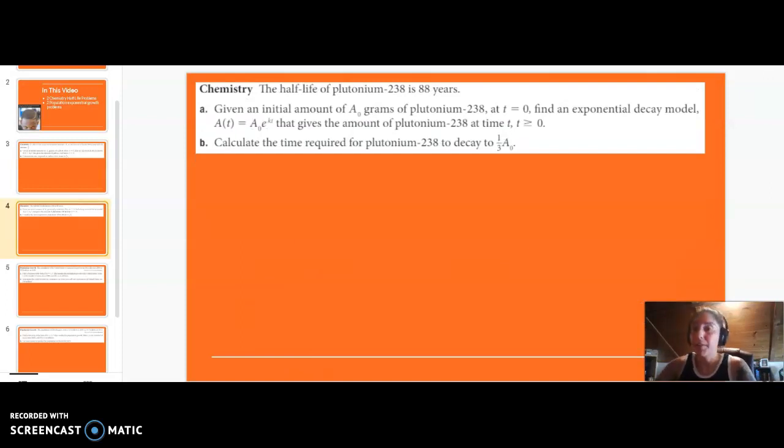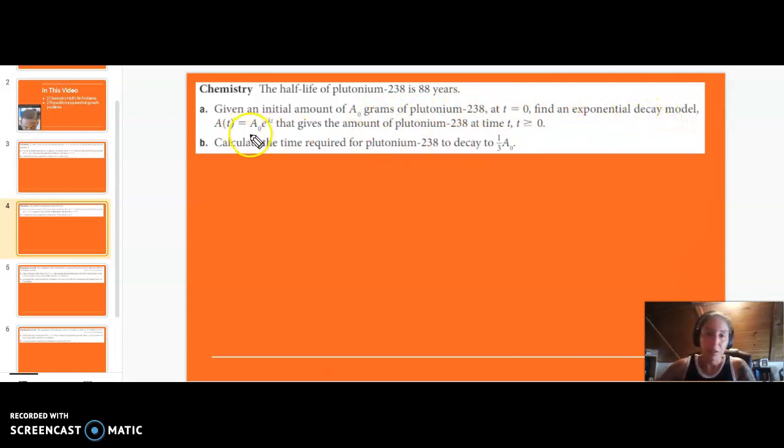Let's try half-life again, except this time the half-life is given to us. The half-life of plutonium is 88 years, so they give us a T. What this is telling us is that whatever amount of plutonium you have, in 88 years it'll be half that amount. Given the initial amount, A grams of plutonium, find an exponential decay model that gives the amount of plutonium at time t.